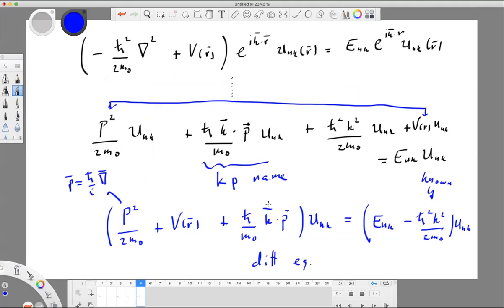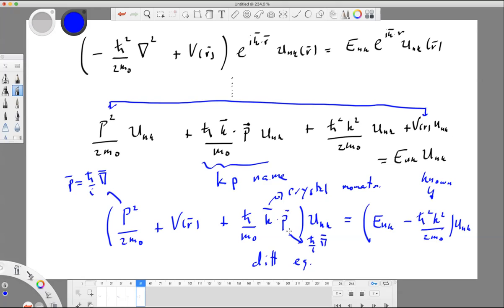Here we have the same. Remember, this is the crystal momentum, okay, or the momentum associated that you refer to when you're talking about the Brillouin zone. Okay, while this is an operator here, so you have to distinguish between this momentum, hk is a momentum, and this momentum, which is the operator.